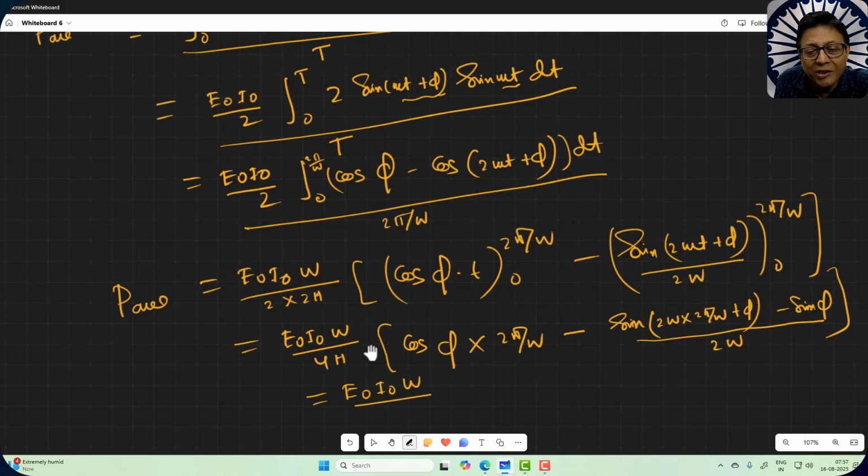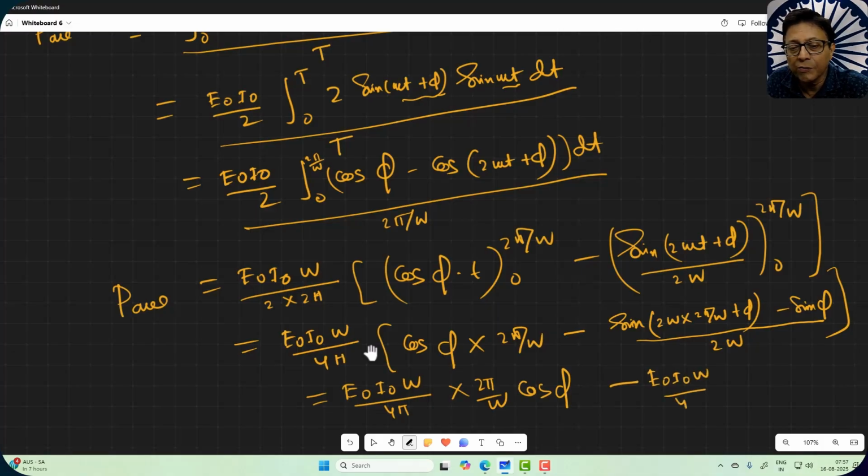So this will be E0 I0 omega by 4 pi cos phi, and this thing is what? This is minus E0 I0 by 4 pi into 2 omega, this omega getting cancelled, sin(4 pi plus phi) is sin phi, minus sin phi.